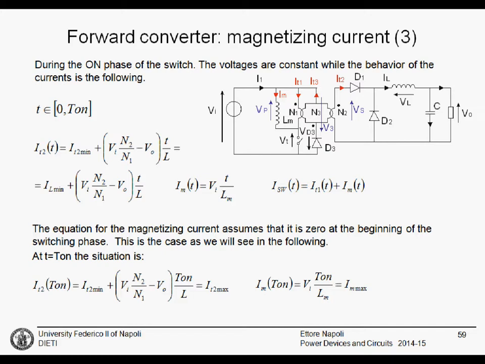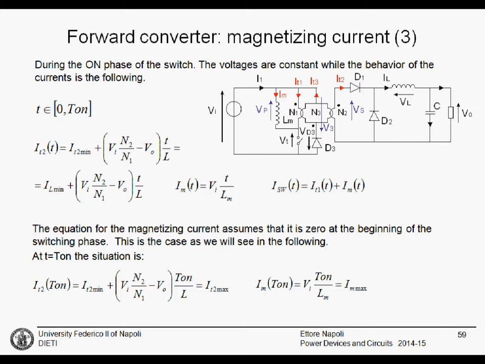This is actually an assumption, but we will demonstrate that this is the actual case, because this circuit can only work if we reset the transformer energy and then the magnetizing current after every switch of the transistor. This means that after the switch, the magnetizing current must be 0 and will start from 0 in the next phase.